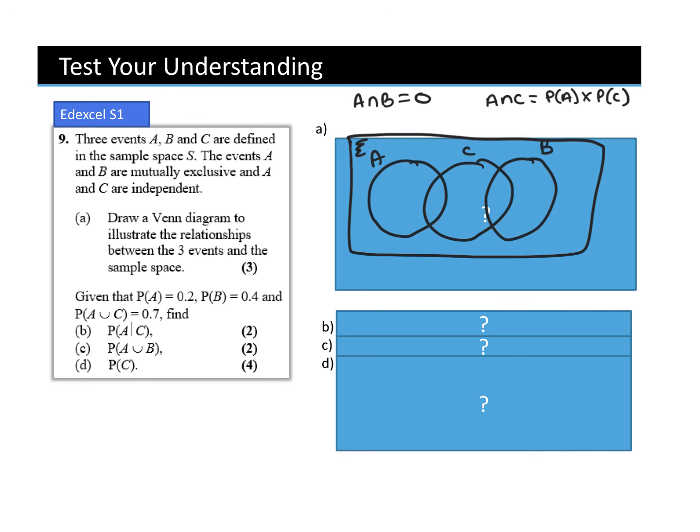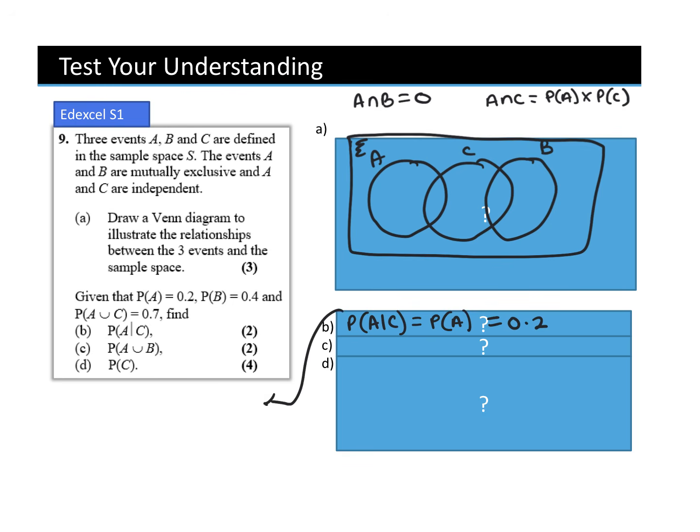Given that the probability of A equals 0.2, the probability of B is 0.4, and the probability of A union C is 0.7, find the probability of A given C. Now, because A and C are independent, we know the probability of A given C is actually just the probability of A, which is 0.2.